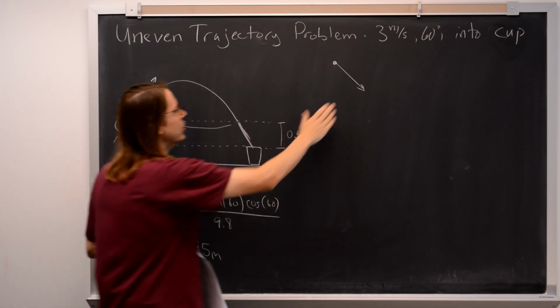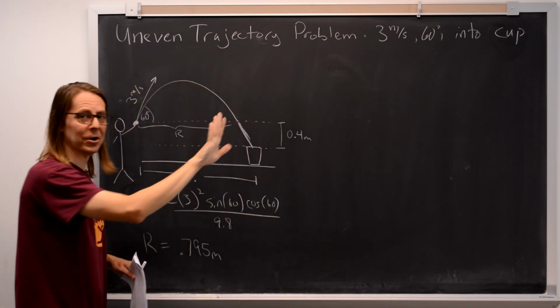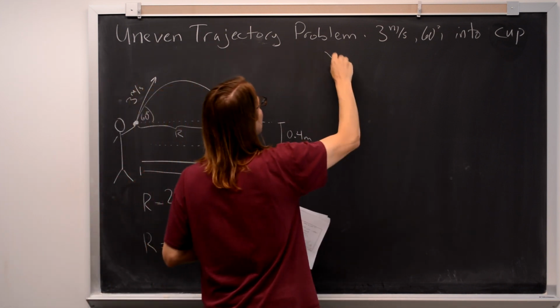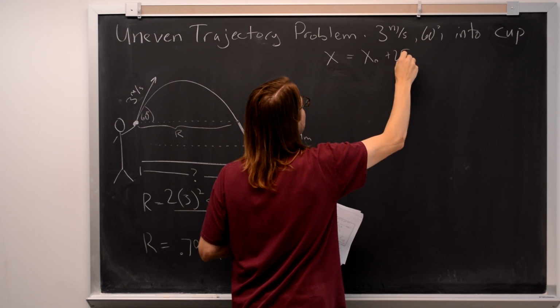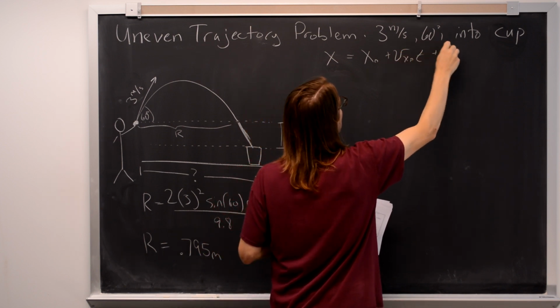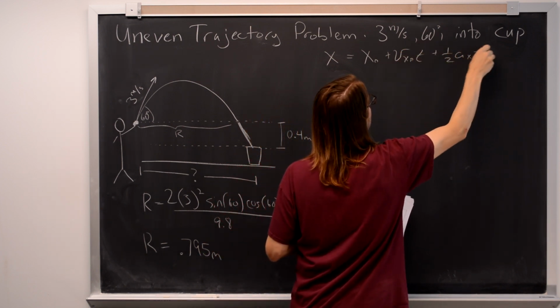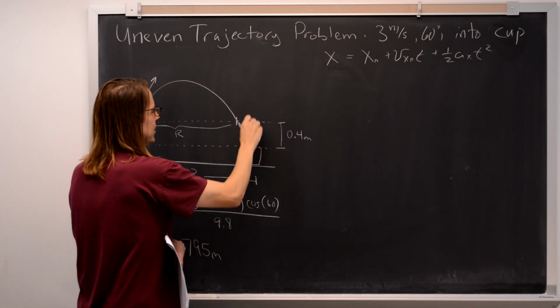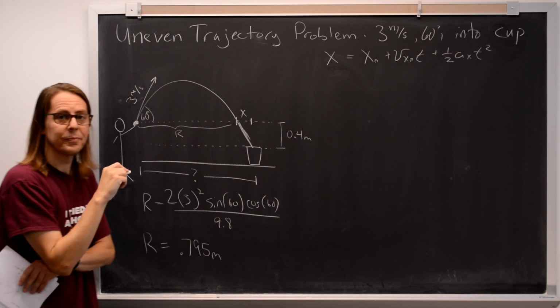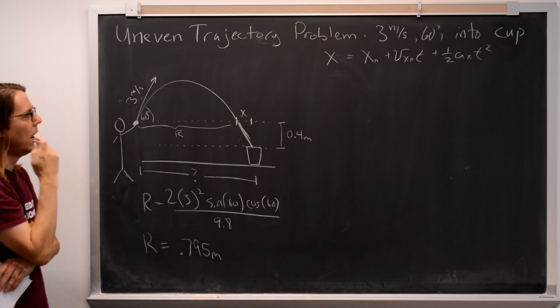In this case, we need to know a distance. Right? We need to know how far it goes. So we care about x equals x naught plus v x naught t plus 1/2 a x t squared. Right? And we're trying to find x basically from here to there, because we're going to add it to r.